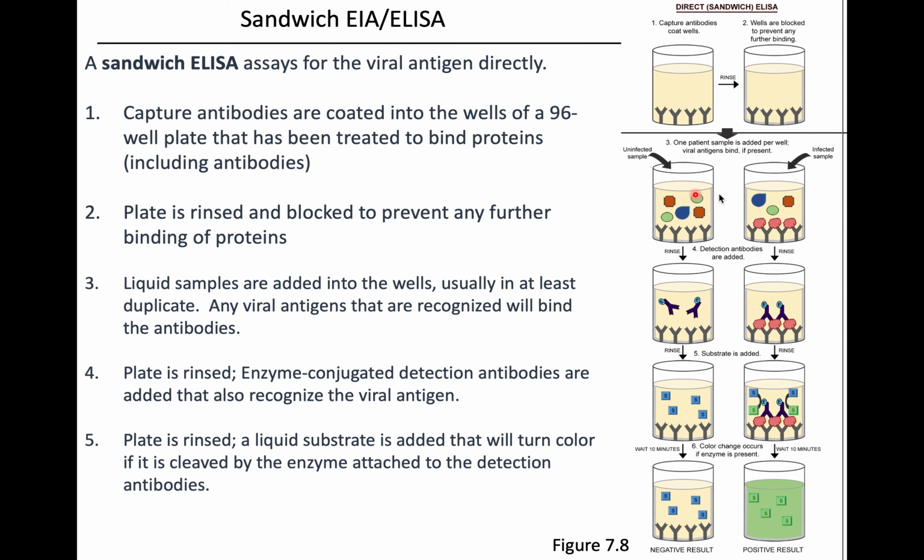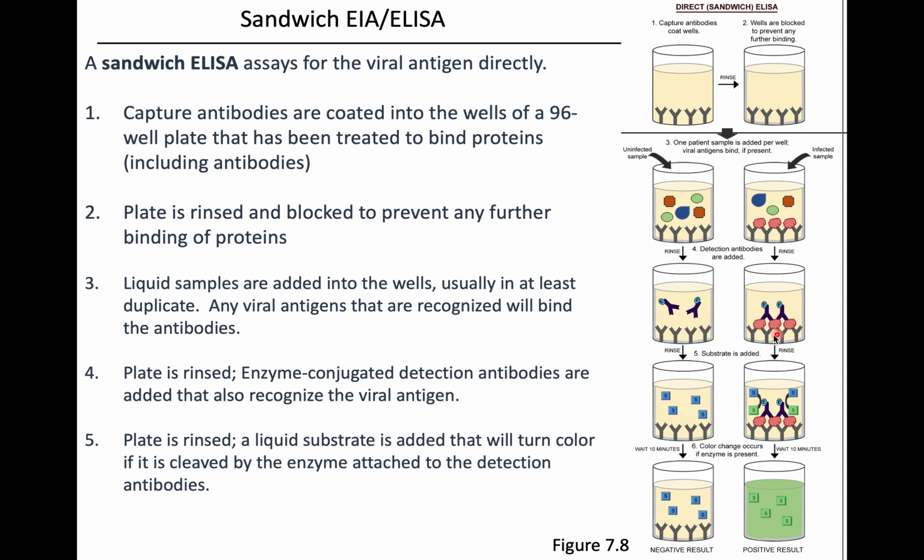Right, so you add your sample, allow for binding to occur, and wash everything out. If the antigen sticks, it won't get washed out. Then we'll add a secondary antibody that has also been designed to recognize that same antigen, but now that secondary antibody is linked to an enzyme or a fluorophore, so you can actually see it.